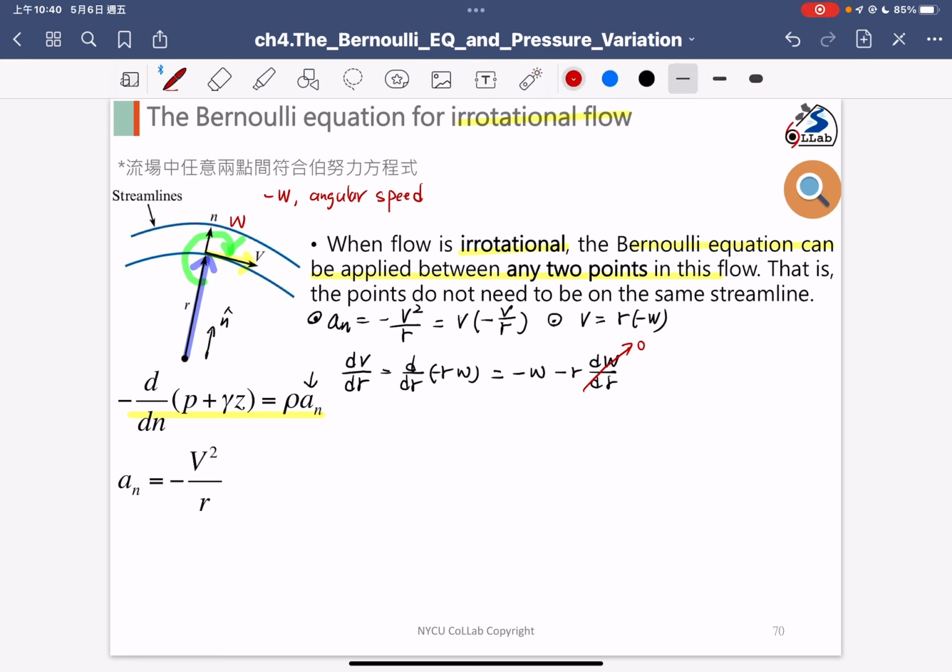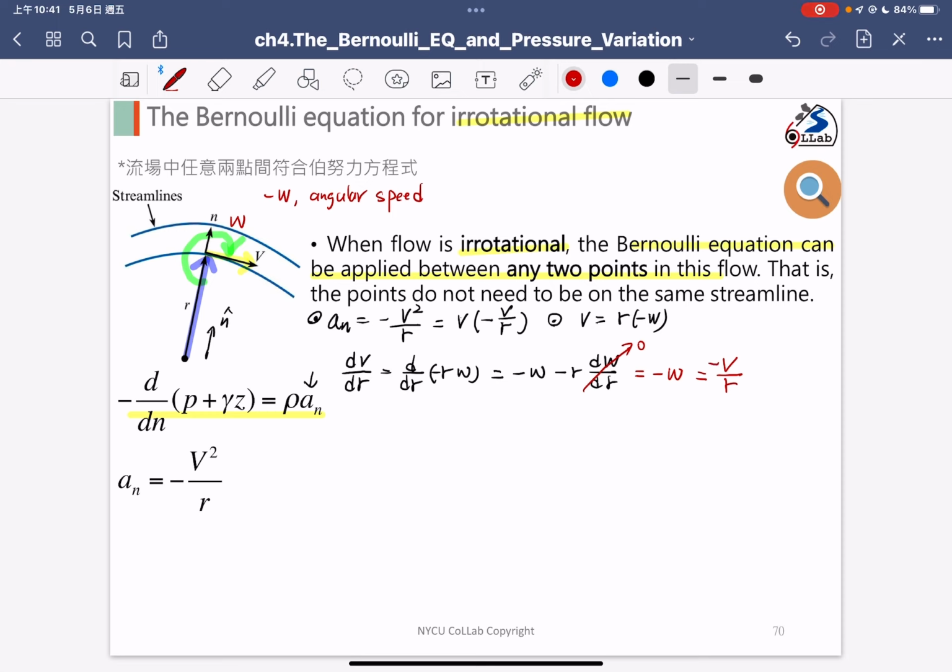So finally, based on these functions, we only have minus omega, right? And since we know that the minus omega is also equal to v divided by r, based on these ideas we have the minus in here.